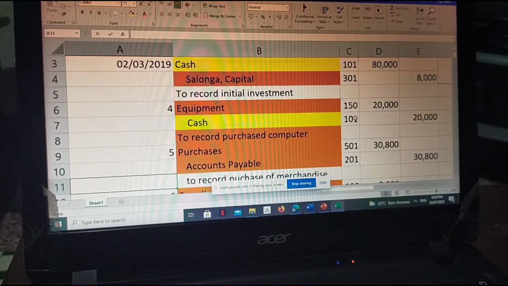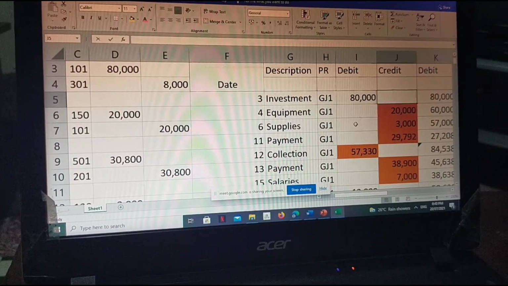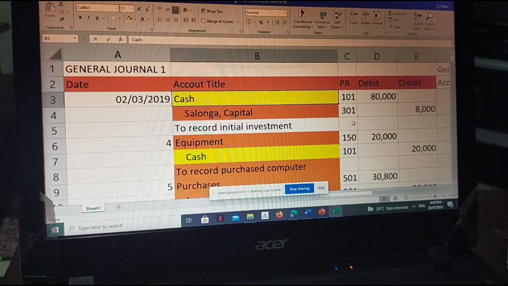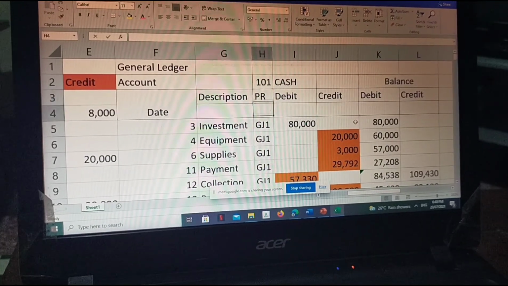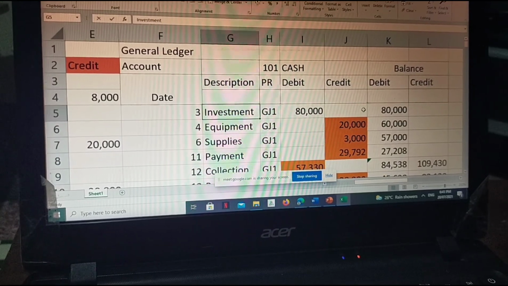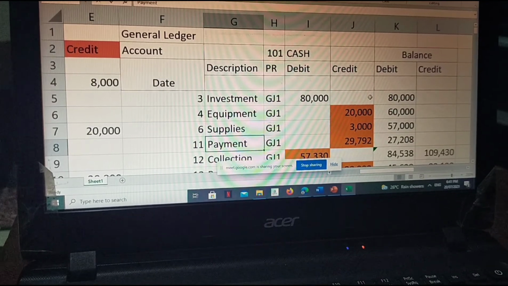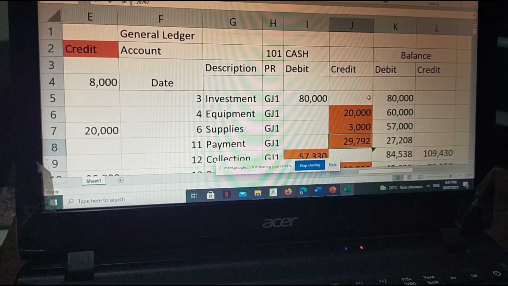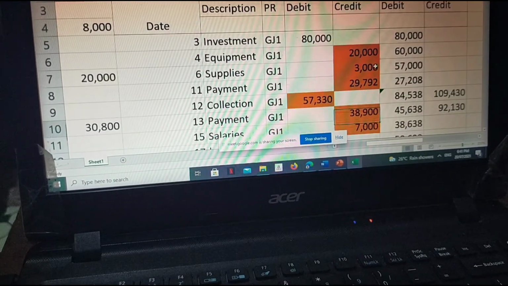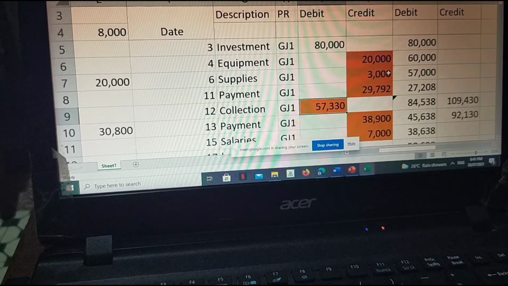Now, to record all of the month's transactions in cash, ito siya. First, syempre, nangunguna sa investment. There you have the equipment also, and then the supplies both. Yung payment for supplier, which is the actual cash of 29,792, and then the collection or payment of your customers in full, 57,330.